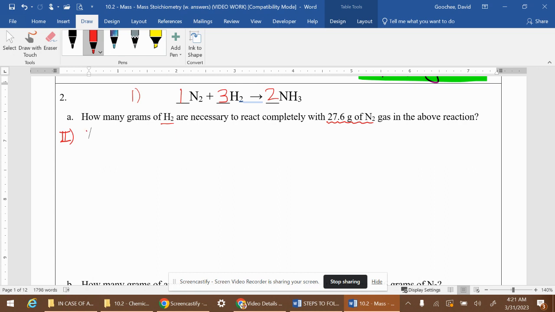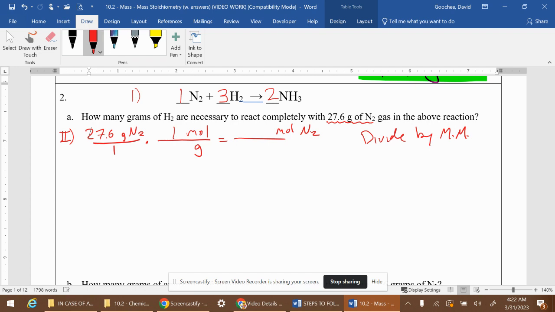So we are going to take our 27.6 grams of N2, and our goal is going to be to convert them into moles of N2. All right, so to go from grams to moles, we divide by the molar mass from the periodic table. All right, so we want to get out of grams and into moles.